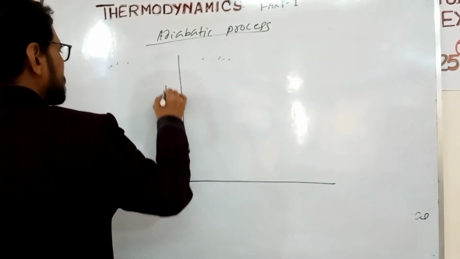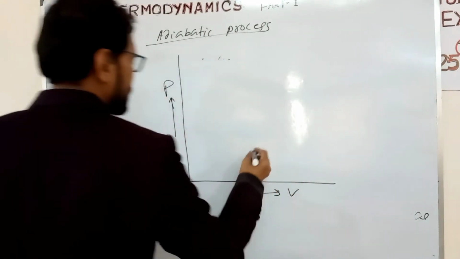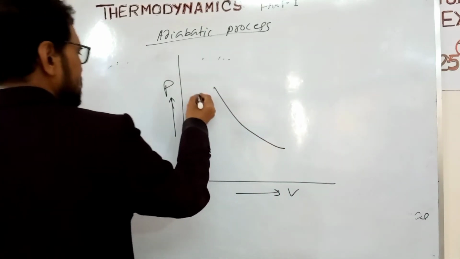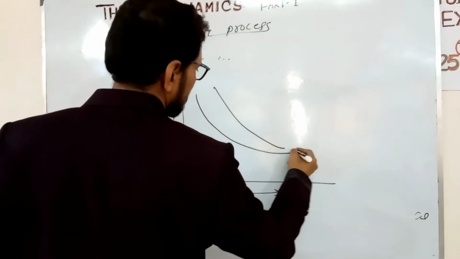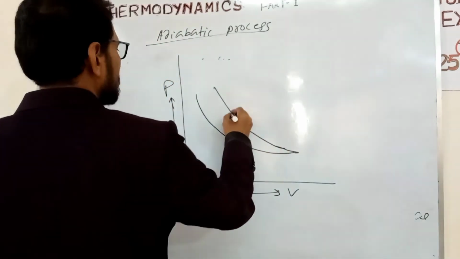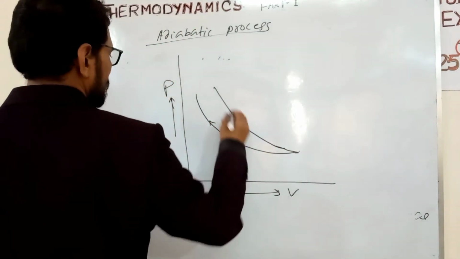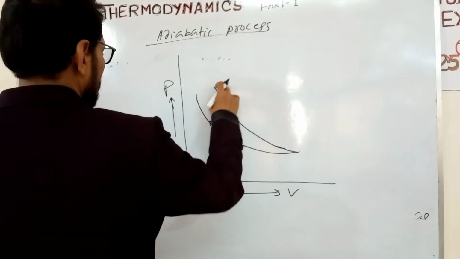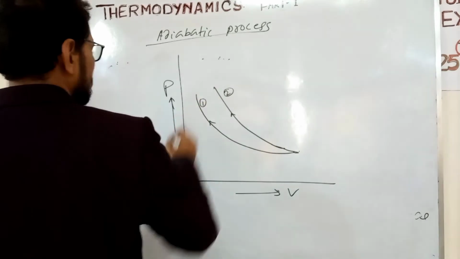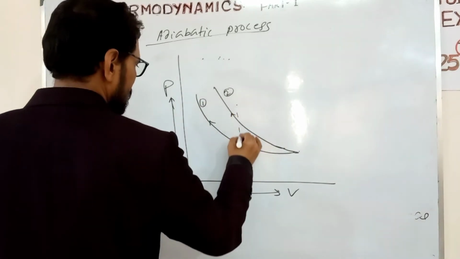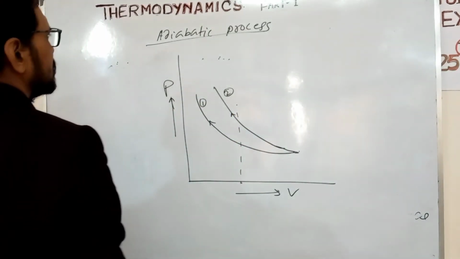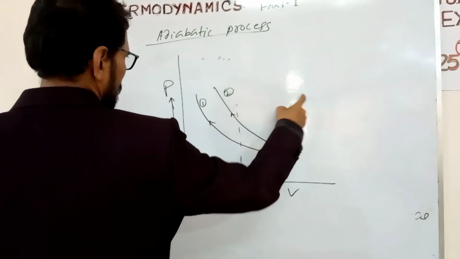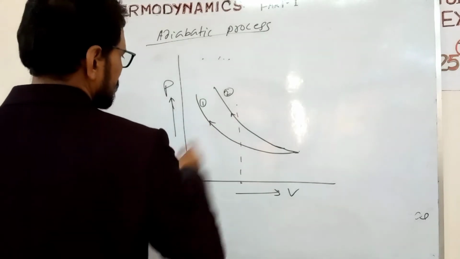If we draw p versus v during compression, suppose this and this, if we draw the two graphs, this is 1 and this is 2.